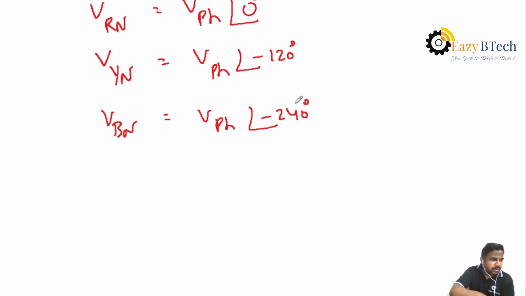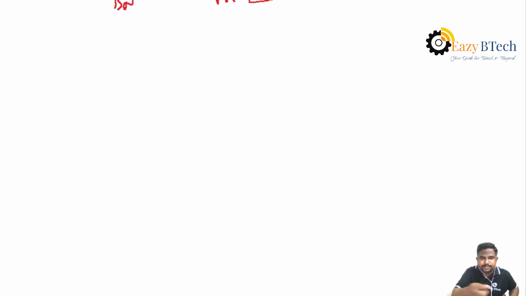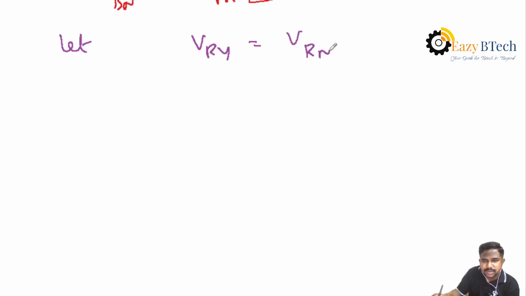Okay. Then we know, according to the vector sum, VRY equals VRN plus VNY. That is VRN plus VNY, combining as a vector sum, we get VRY. Then what is the value of VRN?